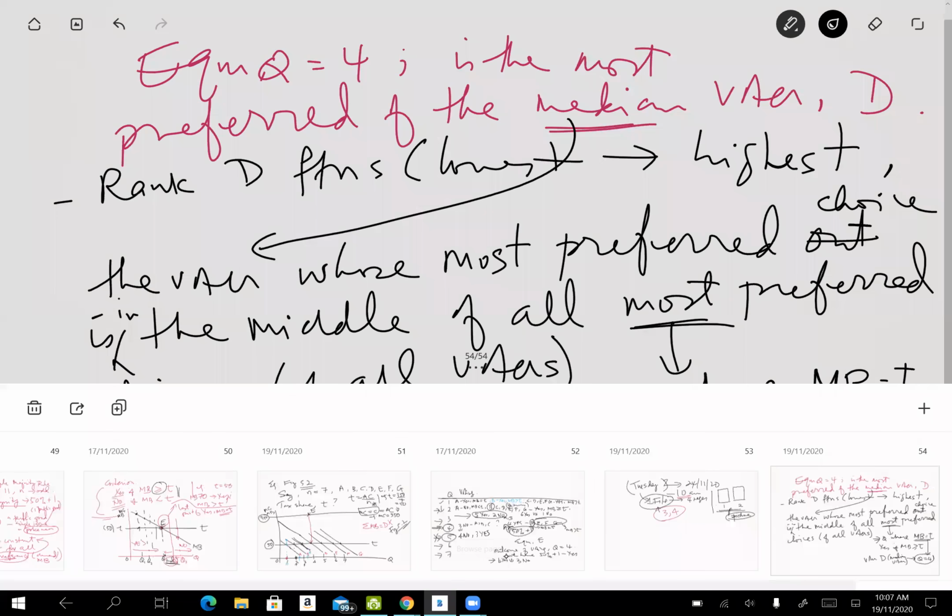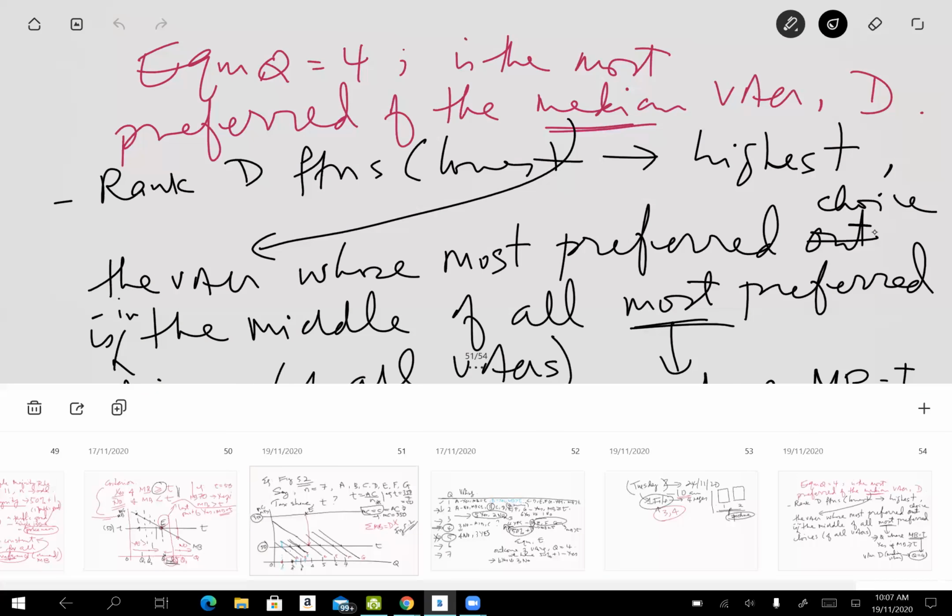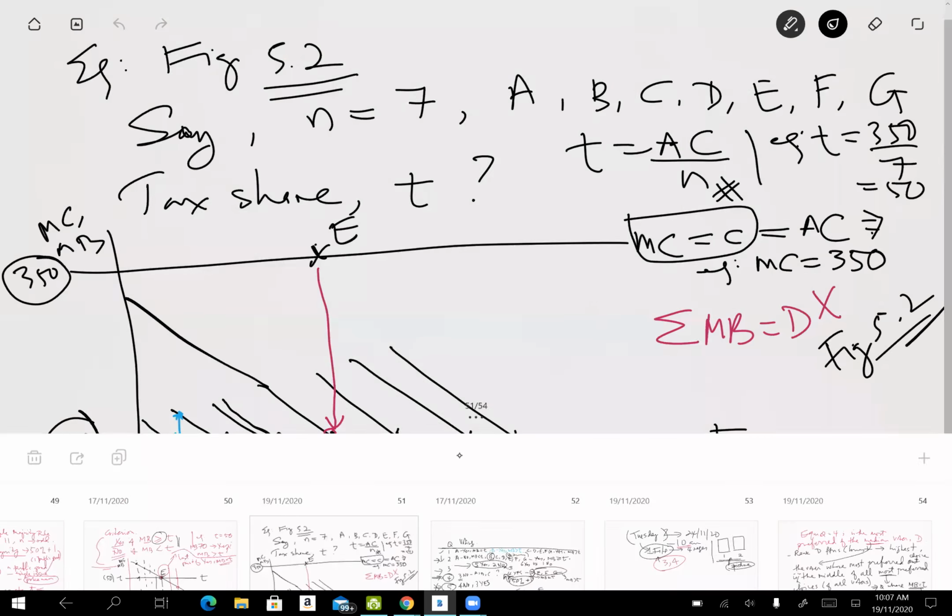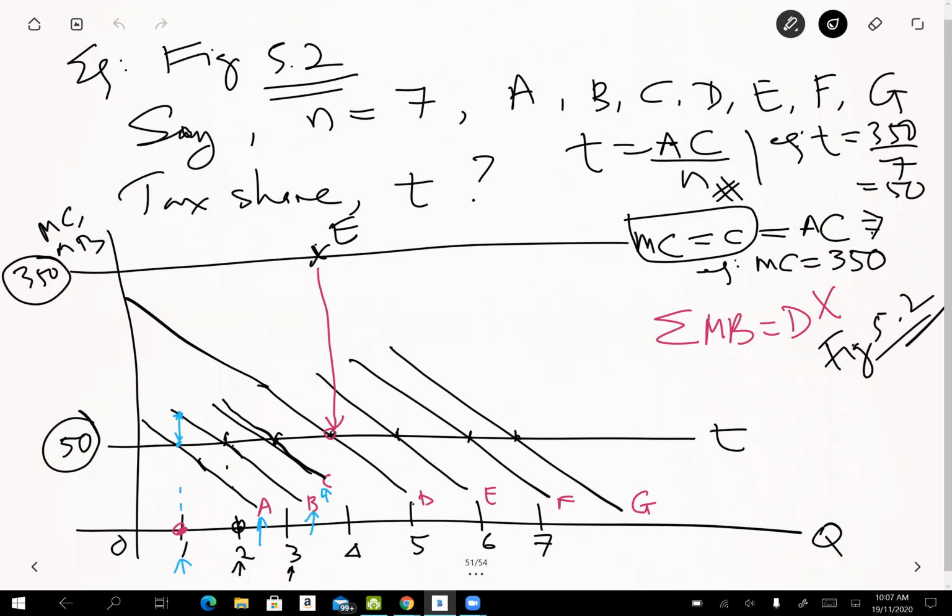You will have the equilibrium quantity is the most preferred choice of the median voter. Okay, median voter is in this case here D, whose most preferred outcome, where the marginal benefit equals T, is in the middle of all other most preferred outcomes. So if you look at voter E, what is his most preferred outcome?